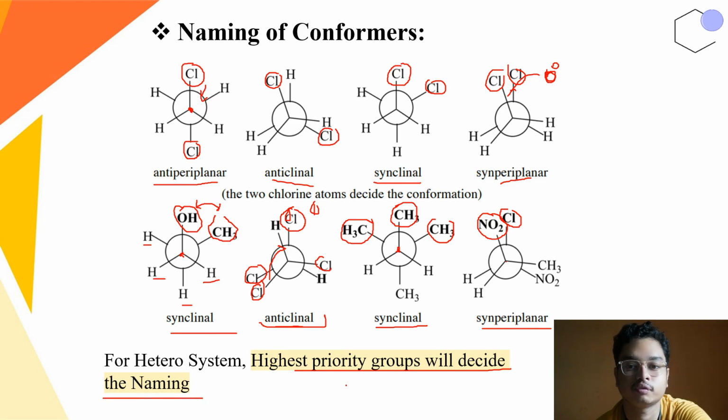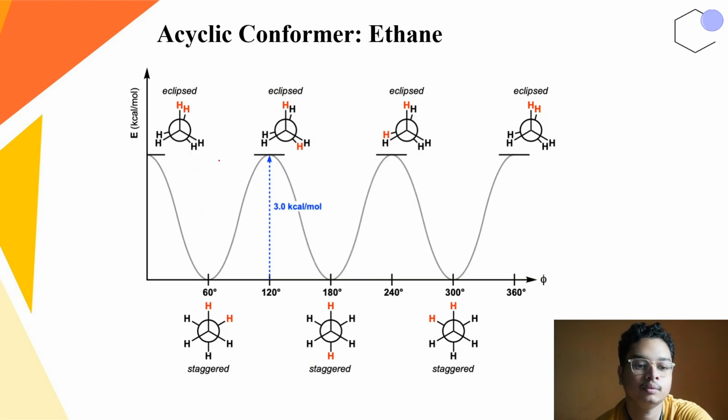Now we move on to the conformational analysis of ethane. Ethane is a very simple molecule with two carbon centers, and each carbon center contains three hydrogens. This compound can be present in only two types of conformers: the eclipsed conformer and the staggered conformer. In the eclipsed conformer, these hydrogens are very close to each other, so there is torsion strain, and due to this torsion strain the energy of this conformer is higher than the staggered conformer.